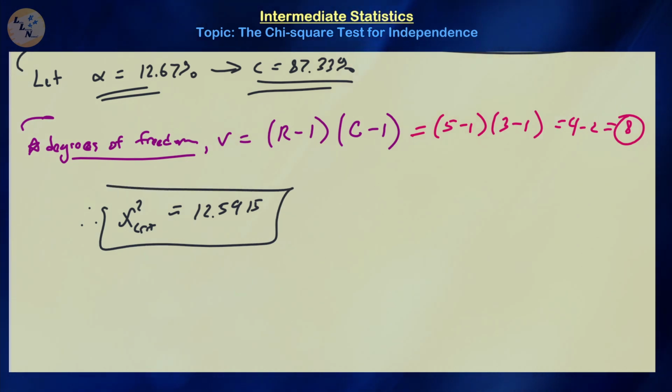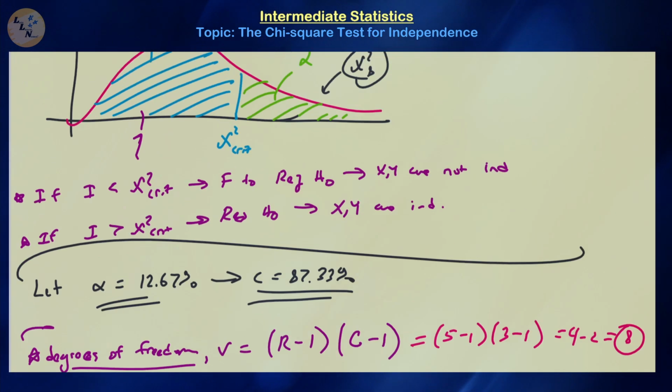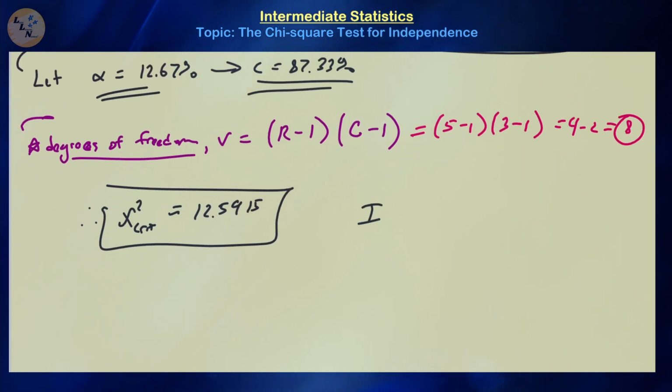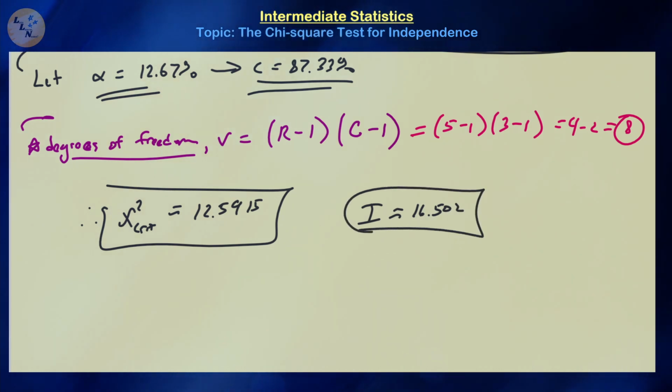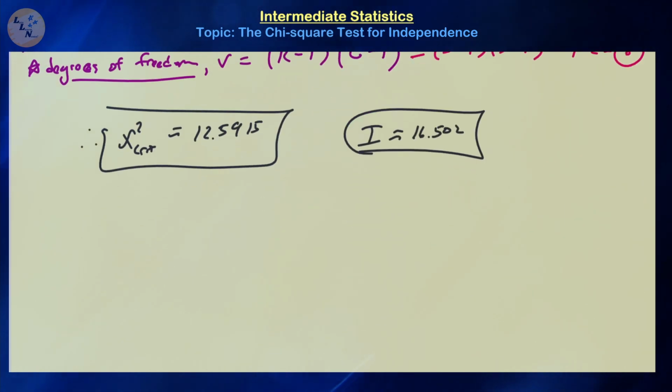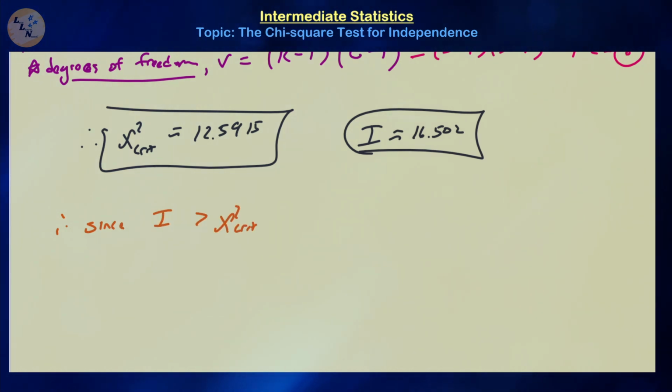Now that we have our critical value and we have our test statistic I, what was I? I was approximately equal to 16.502. So our test statistic is outside of our fail to reject region. So that means since our test statistic for independence is greater than our critical value, we're going to be rejecting the null hypothesis that they are independent.